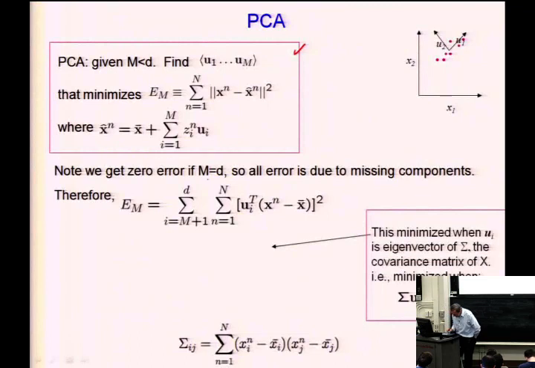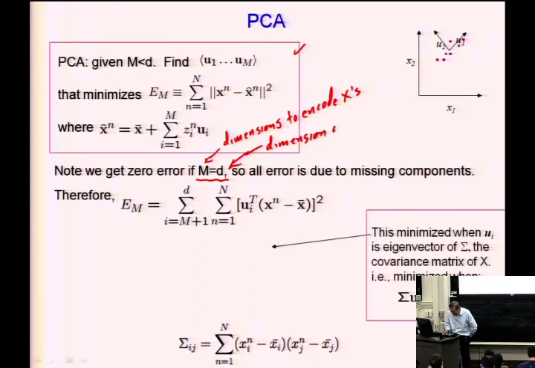Okay, so now if we ask what is that reconstruction error, the interesting thing is, of course, if we allow it to use m dimensions to reconstruct, to encode the input, and d is the dimension that x is actually in, then if m equals d, we get 0 reconstruction error, right?